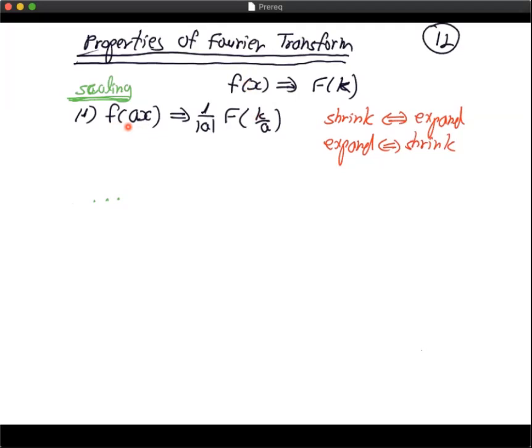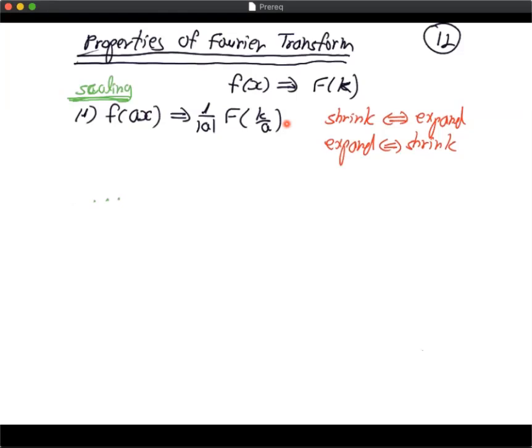So if I have f of ax, and a is, let's say, greater than 1, then I effectively shrink the time domain and will have an expansion in the frequency domain. And if I have an expansion in the time domain, there will be a shrink in the frequency domain.